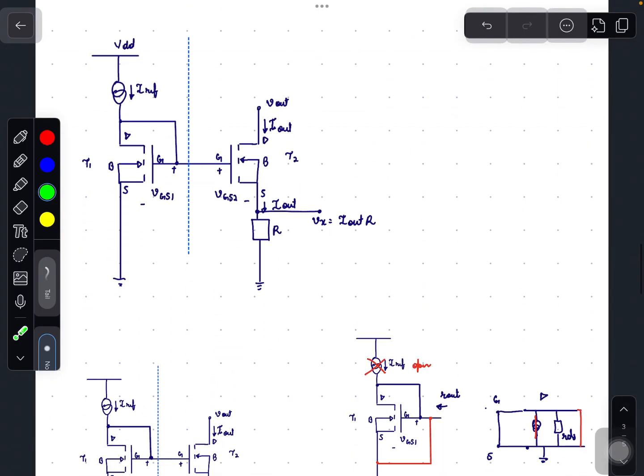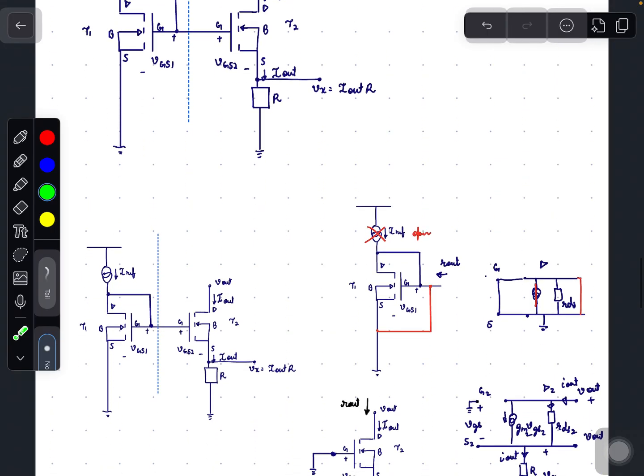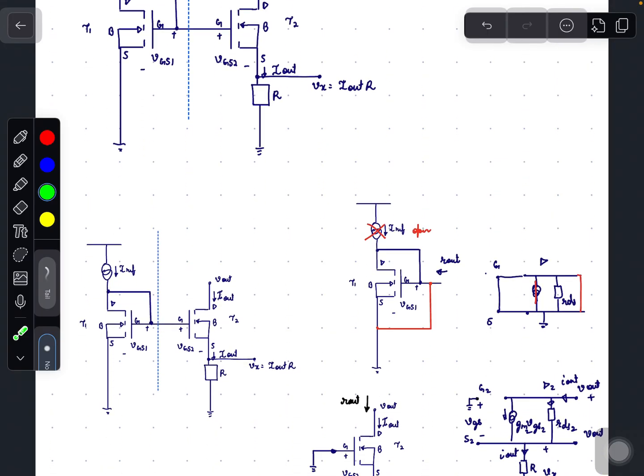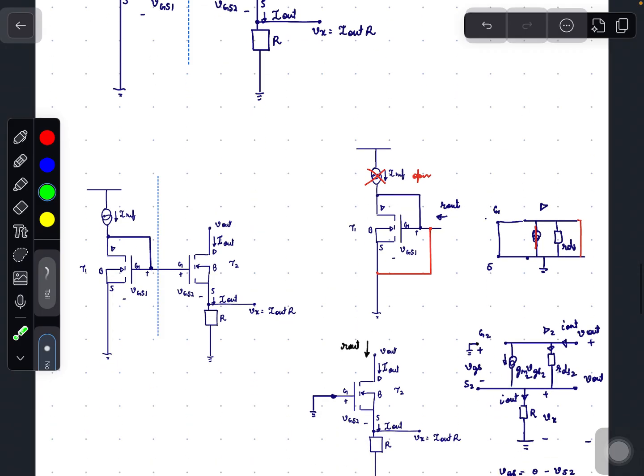Let us see what is the value of R out by doing a small signal analysis. For small signal analysis, we need to short the DC voltage sources and open the DC current sources.